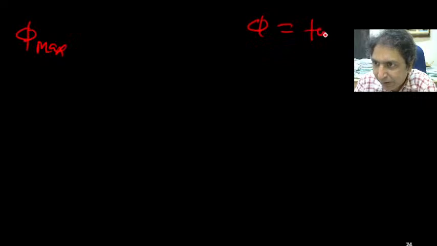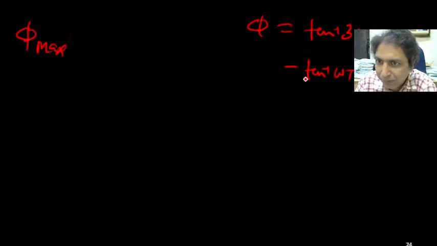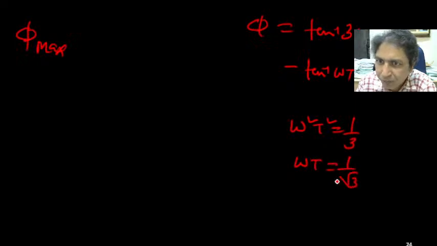The phase is tan inverse 3 omega T minus tan inverse omega T. Since omega square T square equals 1/3, omega T equals 1 by root 3.